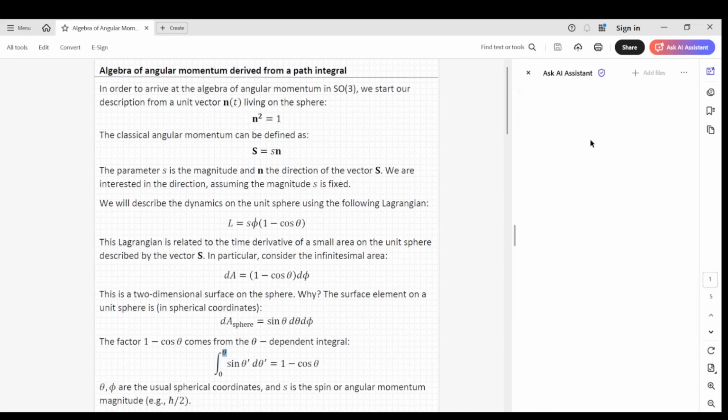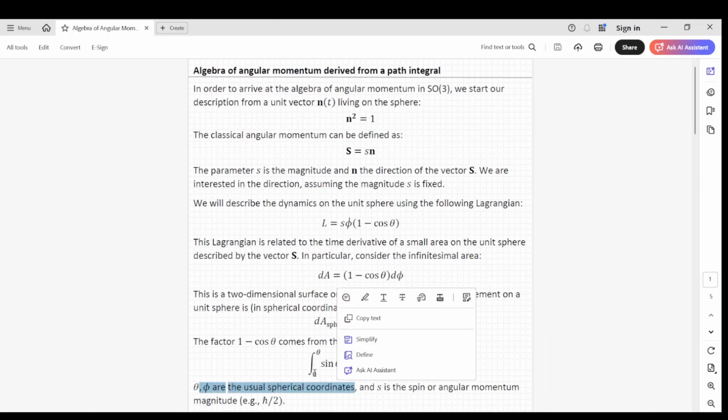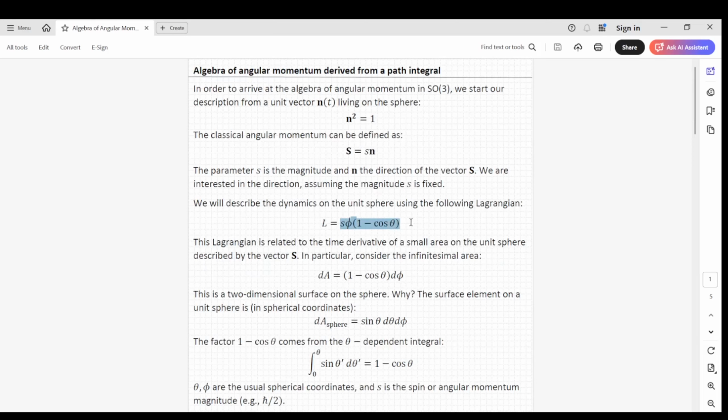So we have sine theta prime d theta prime, and then we integrate from 0 to theta. And what we get is 1 minus cosine theta. So we carry out one integration over theta. We still have an infinitesimal angle phi there. Phi and theta are the usual spherical coordinates, as I said. Therefore, you can understand why we can consider a Lagrangian of this form, starting from an infinitesimal area.